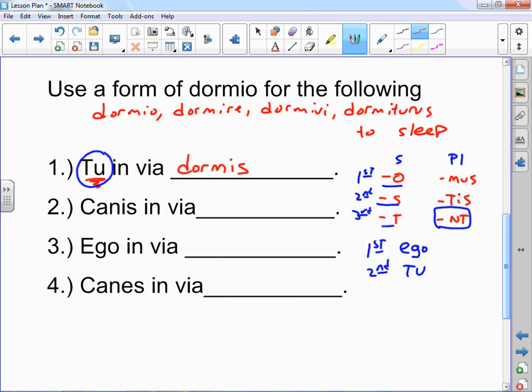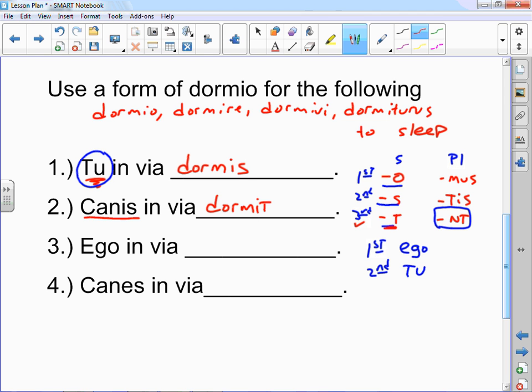Number two, canis and via. I have a singular nominative noun. That puts me in the third person singular. So I use the T that's right here.